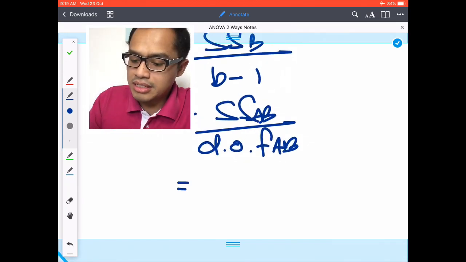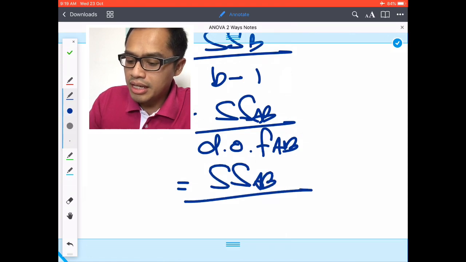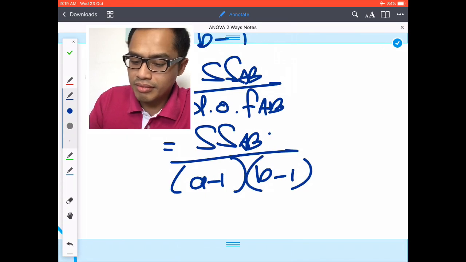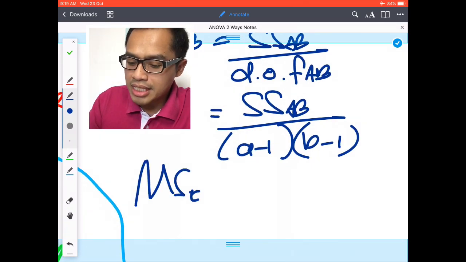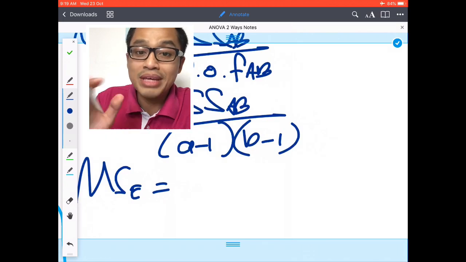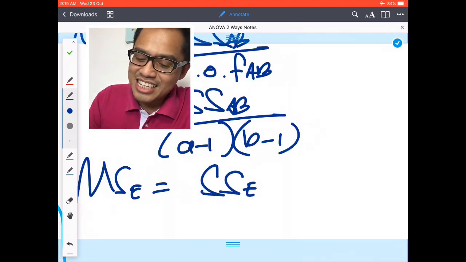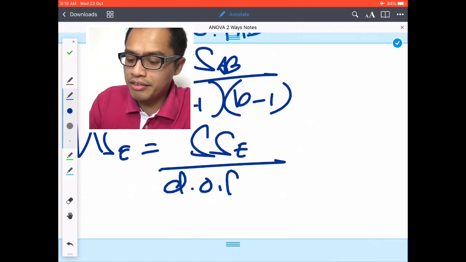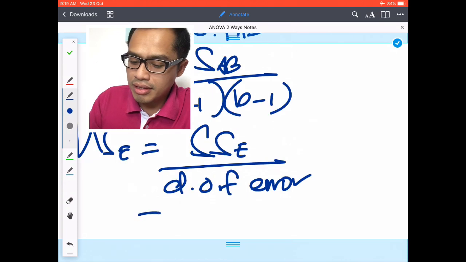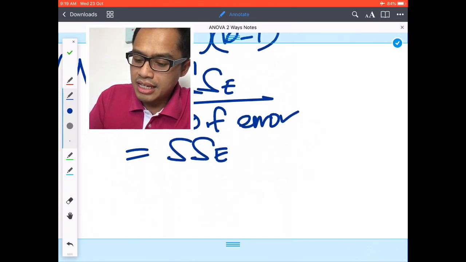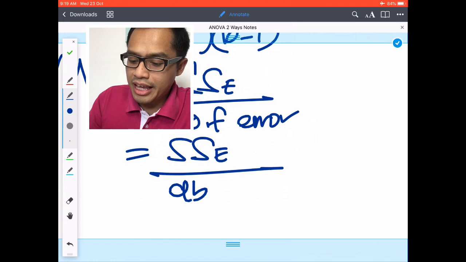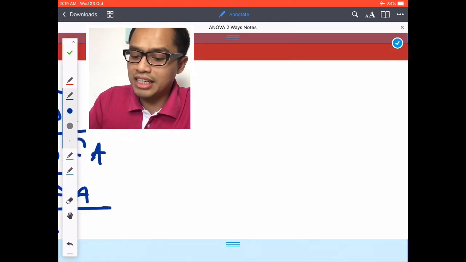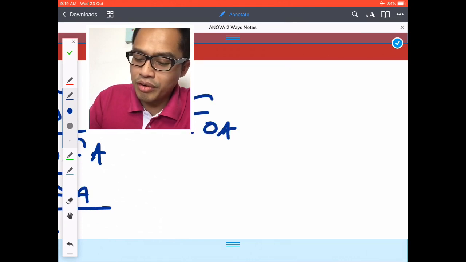That means you have SSAB divided by (a minus 1)(b minus 1). Now, finally, MSE, finally for mean square: SS error divided by the degrees of freedom for error, which is SSE divided by ab(n minus 1).